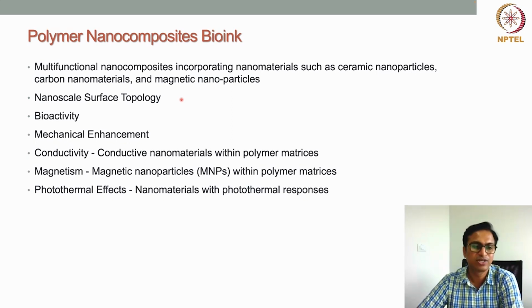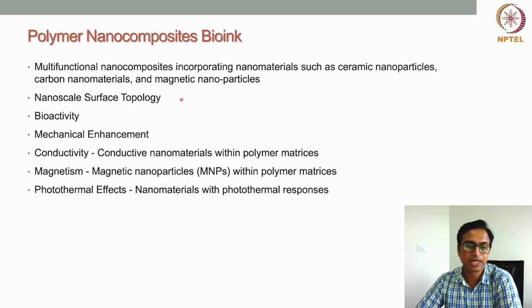That 3D structure will have high conductivity, which will be very good for innervated tissue engineering, like heart or myocardial tissue engineering and nervous tissue engineering. These conductive nanomaterial-incorporated polymer matrices or nanocomposite bioinks can be used very well.